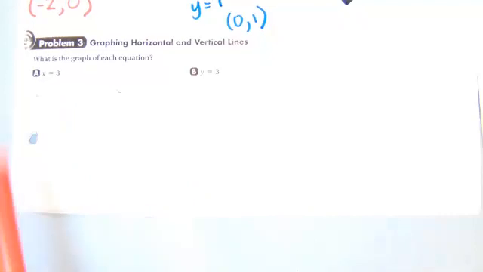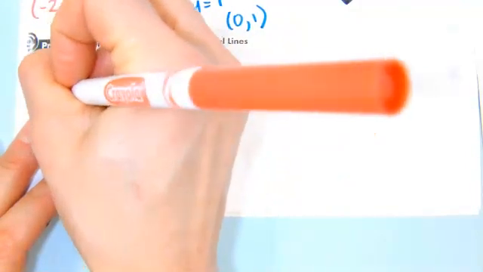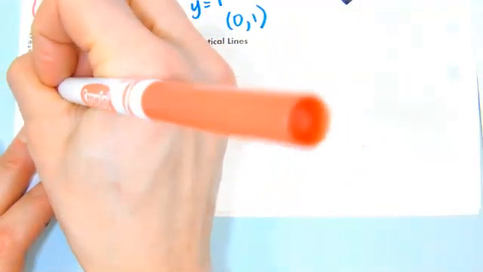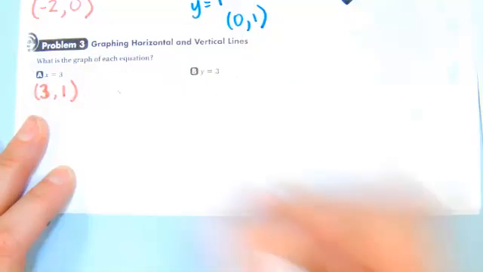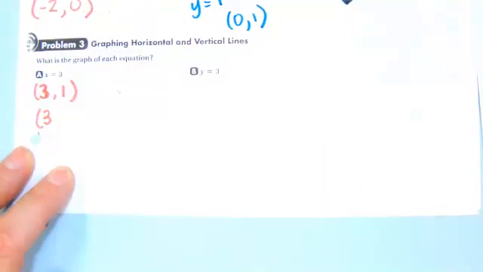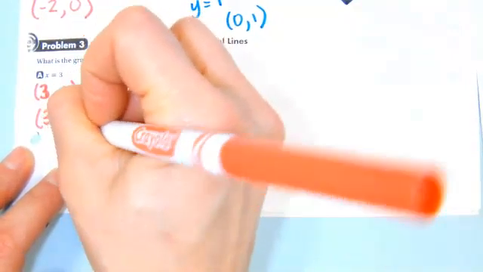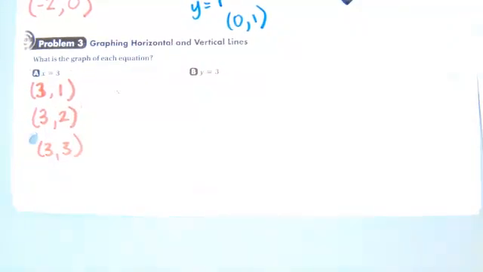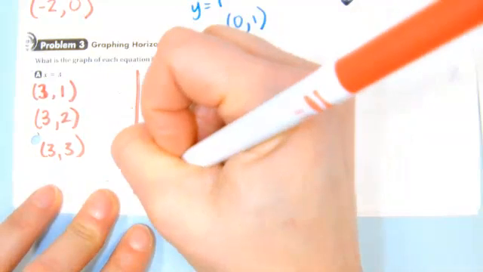So x equals 3 means that if you were to make ordered pairs, every x value is 3. Let me show you. Let's say I make 3, 1. The x value is 3, right? The x value still has to be 3. 3, 2, let's say. And then 3, 3. I could keep going, but I don't need to. Let me show you what the graph looks like now.